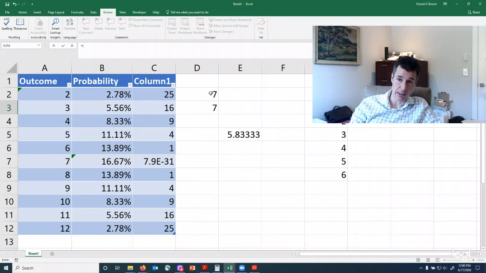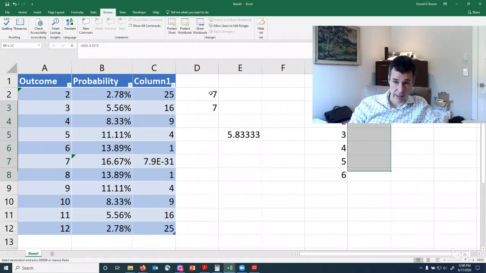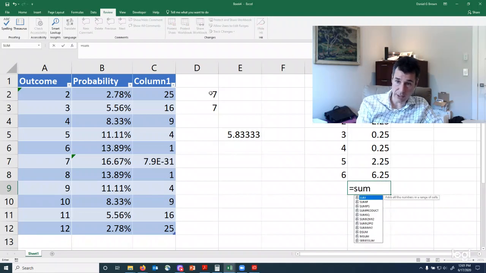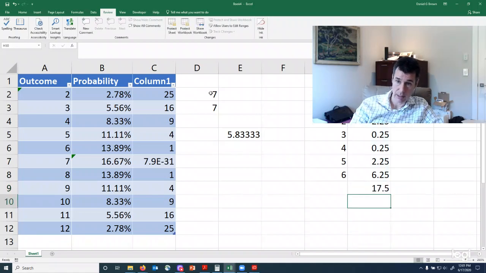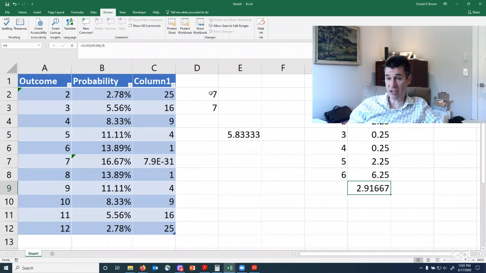I'm going to calculate this minus 3.5, that was our expected value. Add this up, 17.5. We have to divide it by 6. 2.91667 is the variance of a single toss of a die.